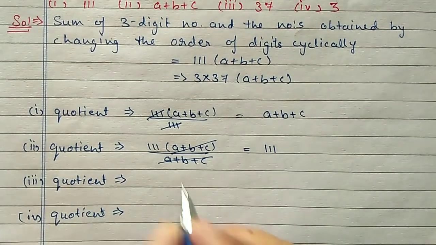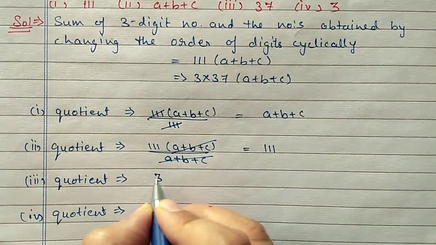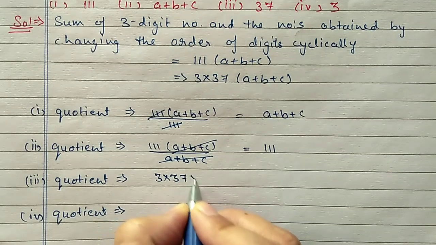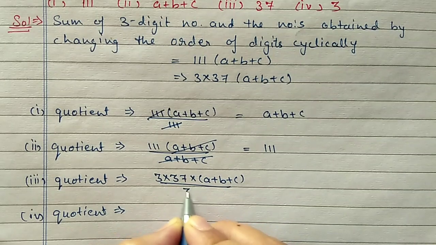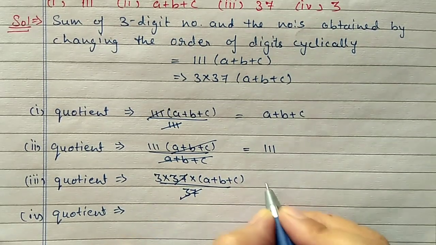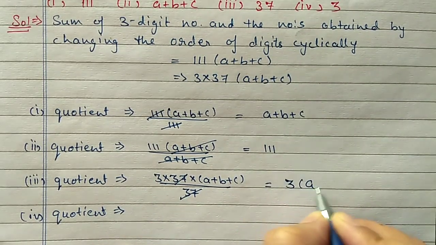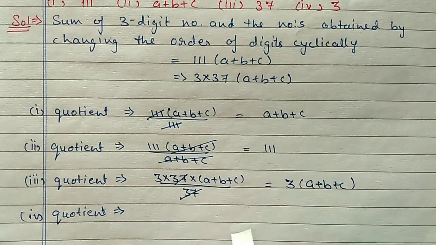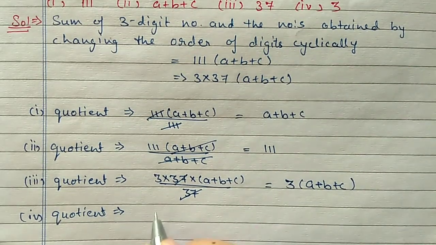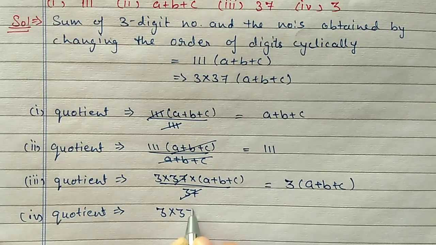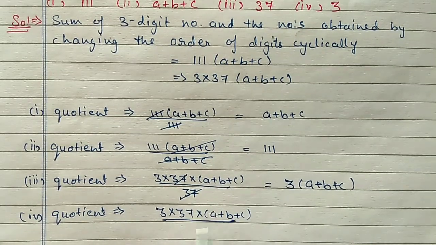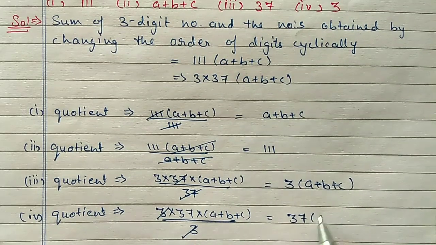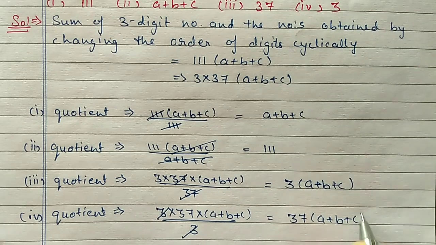Next, third case, if we divide it by 37, so 3 into 37 into A plus B plus C, and if we divide it by 37, 37 cancels out, and the answer will be 3 into A plus B plus C. And fourth case, if we divide it by 3, in that case 3 will cancel out and the remaining will be left over, so the answer will be 37 into A plus B plus C.